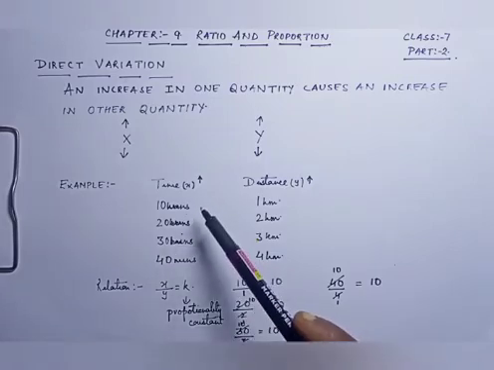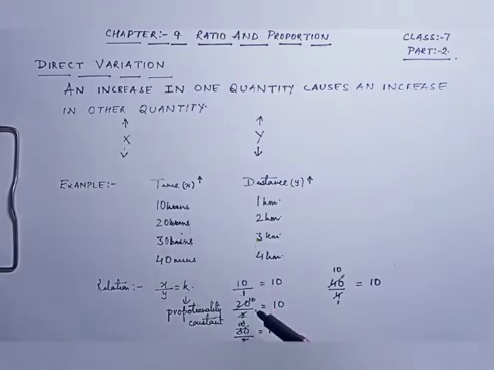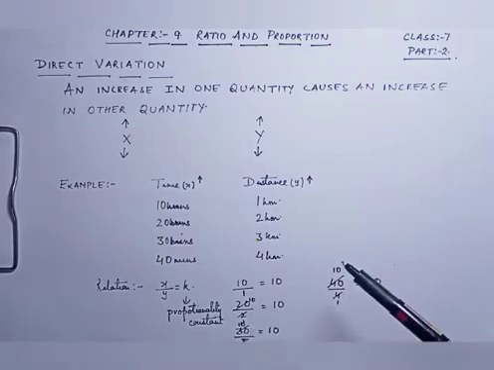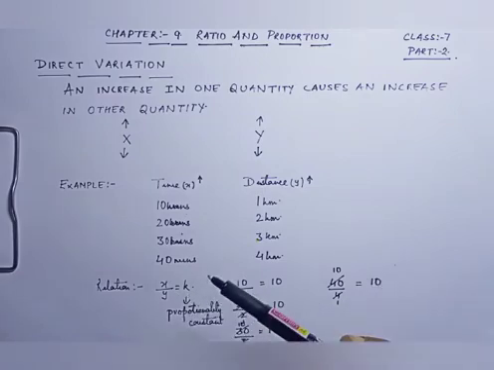From the above example we can see that if we find the ratio of x and y, that is 10 upon 1, it is always a constant 10. 20 upon 2 is equal to 10, 30 upon 3 is also 10, and 40 upon 4 is also 10. So over here 10 is called a proportionality constant, or x upon y is equal to k. I hope it is clear to everyone.